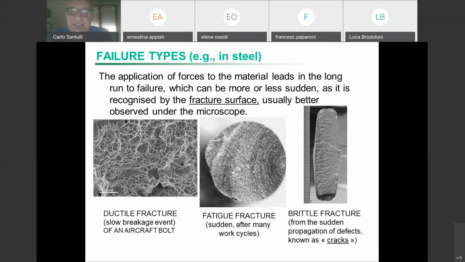But the main difference is that fatigue fracture is below the elastic limit, so it's much more worrying. It's because there is wear, because the material has been loaded many times. This is much more worrying than brittle fracture, because brittle fracture in most cases is at the elastic limit or even slightly over it.